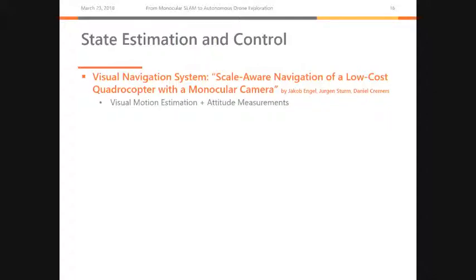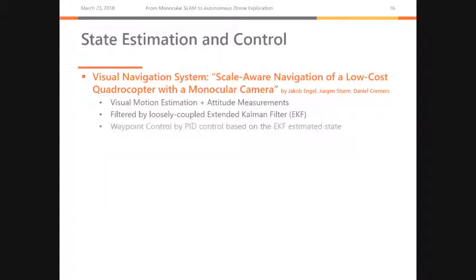They use visual motion estimation plus attitude measurements, and because all of this data is transmitted through Wi-Fi, it has some delay, so they use an extended Kalman filter to estimate the state of the system. Then they use a PID controller based on the output of the extended Kalman filter state to control the waypoint of the drone.